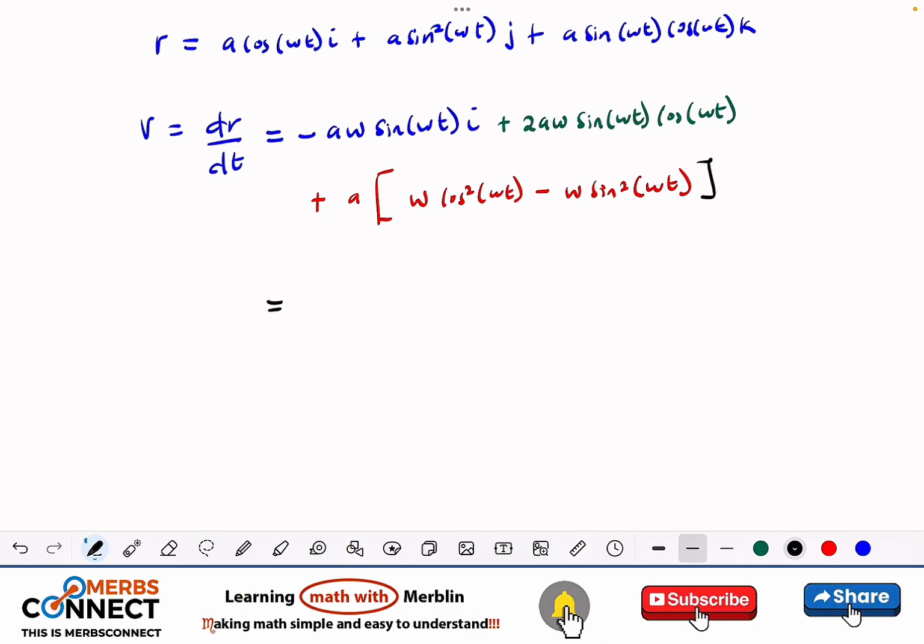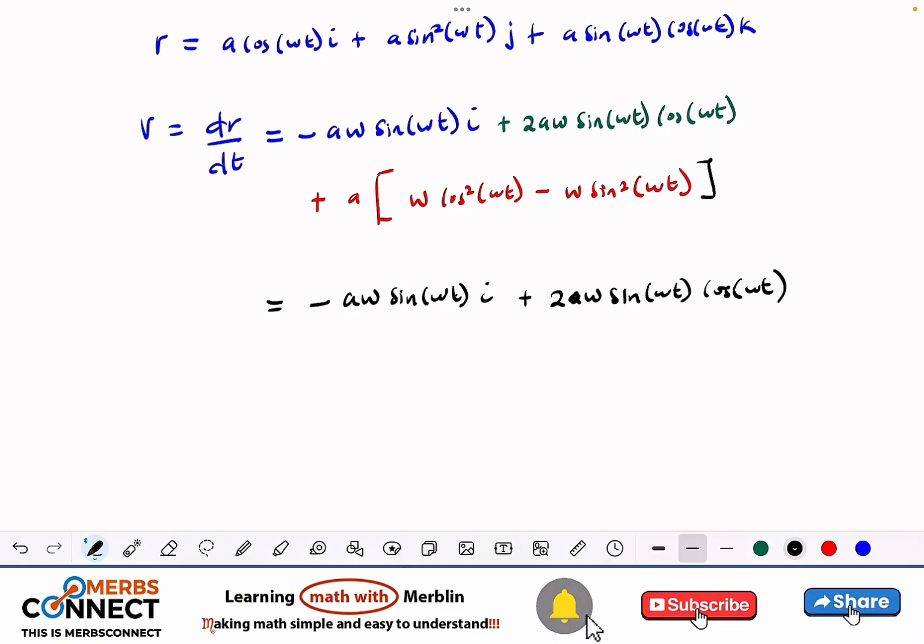So let's try and simplify something here, and then let's see what we are going to get. This is going to be minus a sine omega t, plus 2a omega sine omega t cos omega t, then plus, here I can factor omega out.